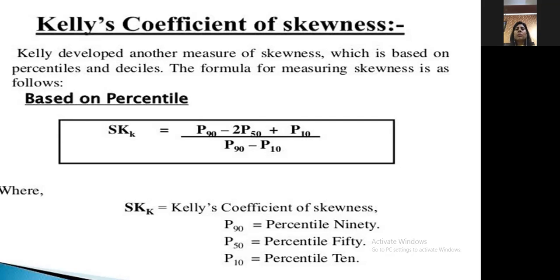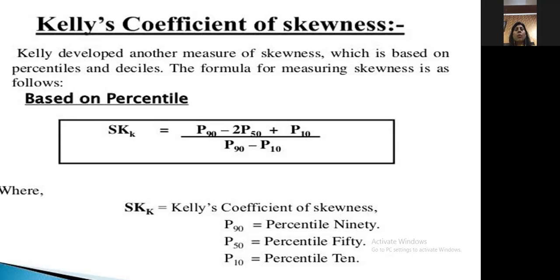P90 represents the 90th percentile, P50 represents the 50th percentile, and P10 represents the 10th percentile. So this is what we have to calculate before finding out the value of Kelly's coefficient. If we have all these values with us, then it becomes easier to find out Kelly's coefficient. We just have to apply this formula to calculate the skewness based on percentiles.